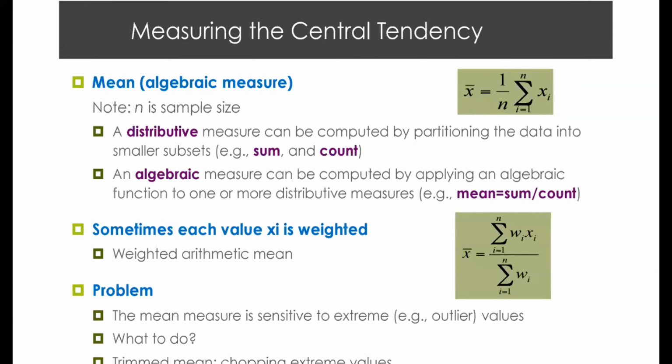And the last one is mode. Mode means the most frequent data value in the data set. That is simply called the mode.